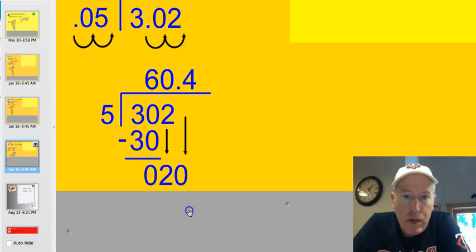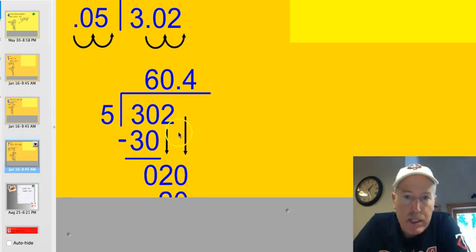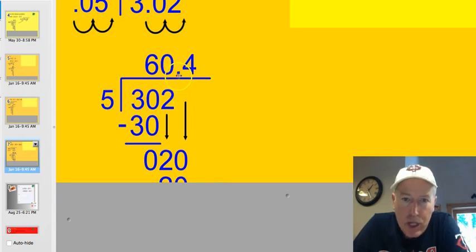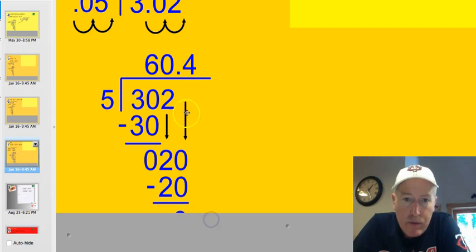This is an interesting problem. It goes in there 60 times, but then I still had 2 remainder. So I can put the decimal up here, and I can bring down a 0, and that gives me 20. 5 goes into 20 4 times, so I end up with 60.4.